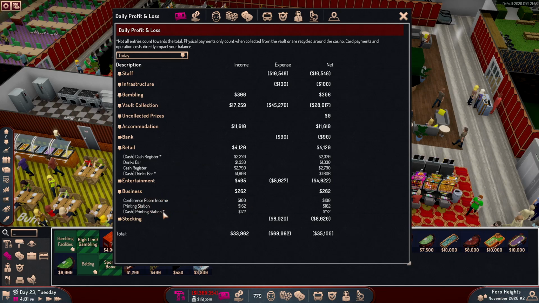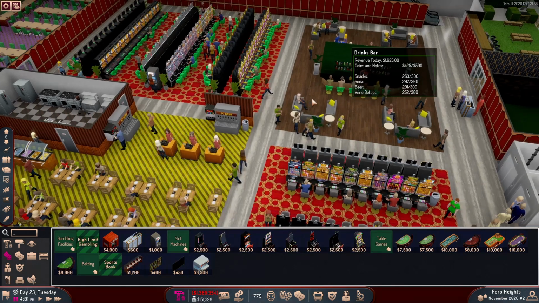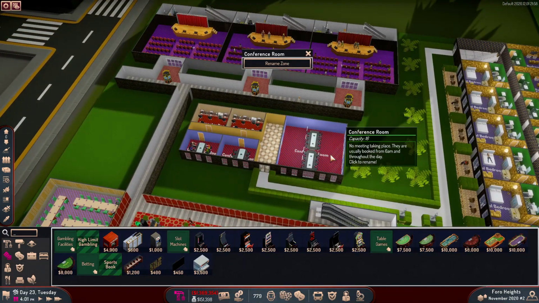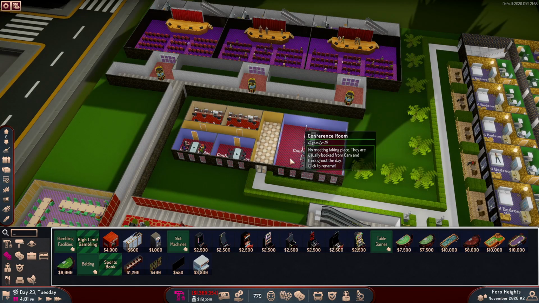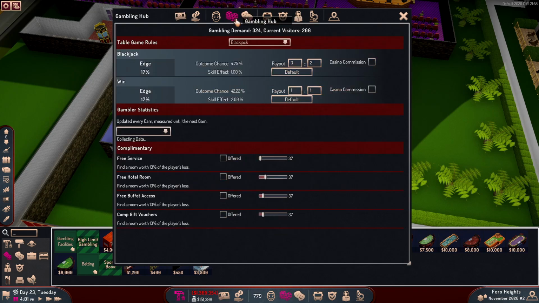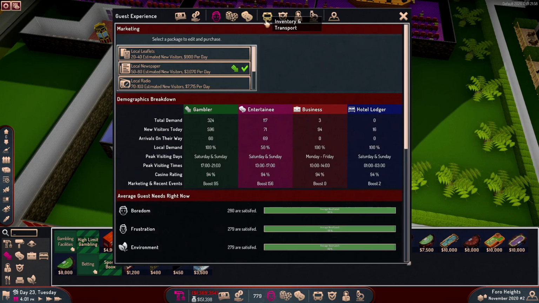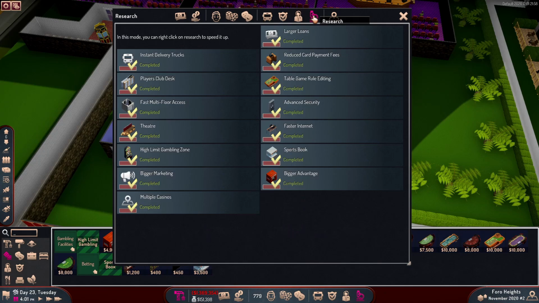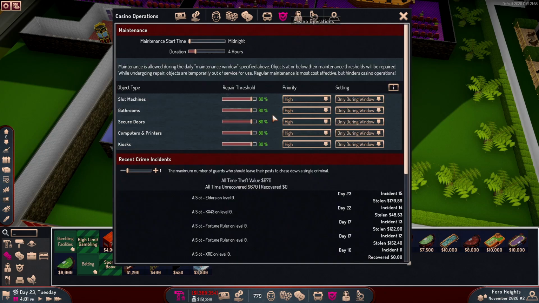Business services, again, here we go with the printing station, same thing. And then our conference rooms, we charge money for. Currently, I haven't seen anything where we can change the prices on any of that stuff. At least I don't think. No, I don't think so. Doesn't appear to be.